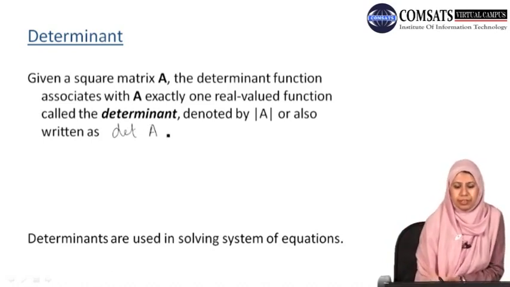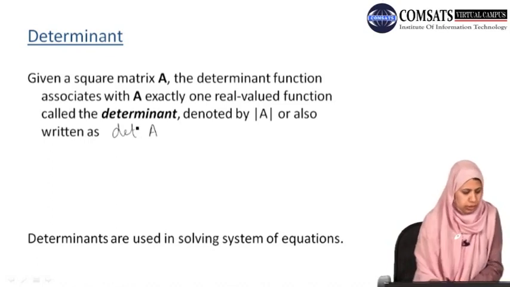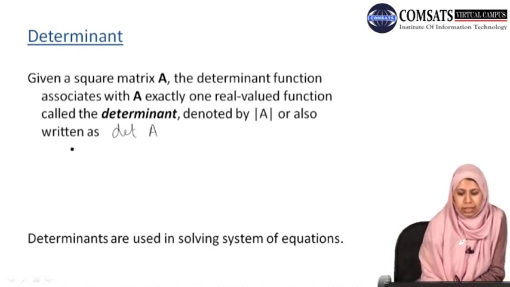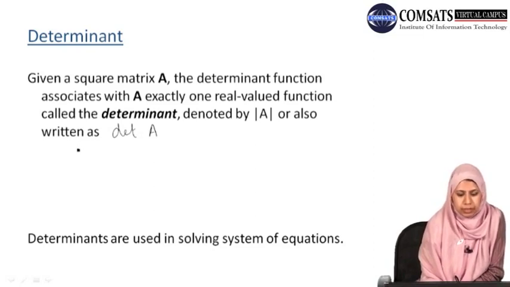What do we mean by this definition, that the determinant function is associating with the matrix only one real value? We have used the word function, which means that we have some set of inputs. The set of inputs is our square matrices.